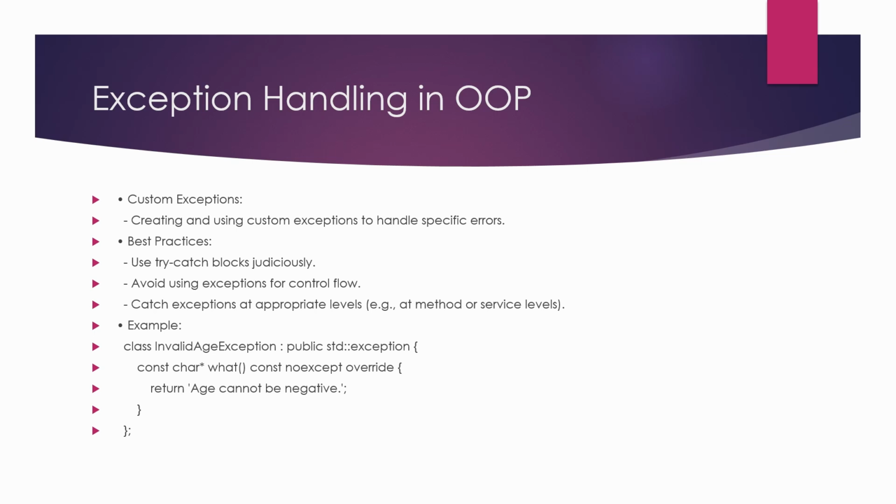This means using try-catch blocks appropriately and avoiding using exceptions for control flow. Here's an example: you might create a custom exception for handling negative age inputs in a user profile system.